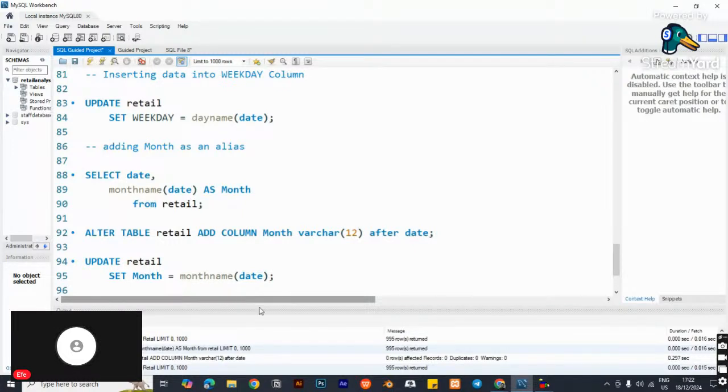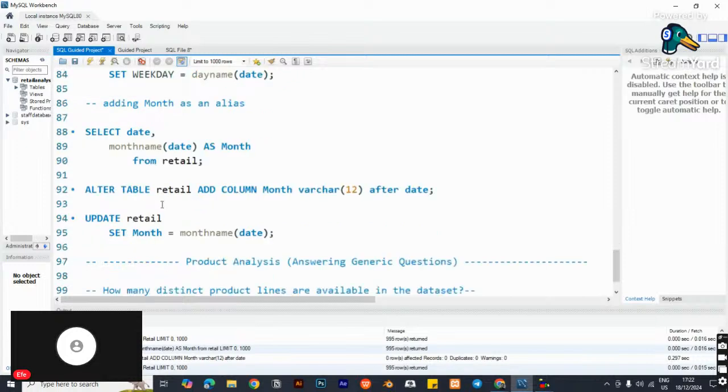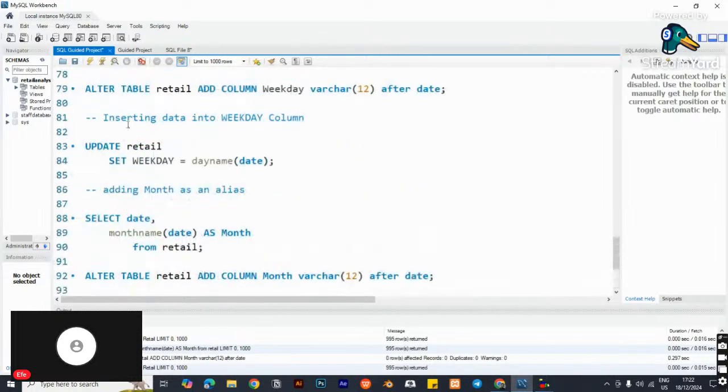When you hear things like inserting data into the weekday column, I want you to start thinking analytically, as you are writing your queries. When you hear insert, it means you are manipulating your table. We have the insert, the update, and the delete.